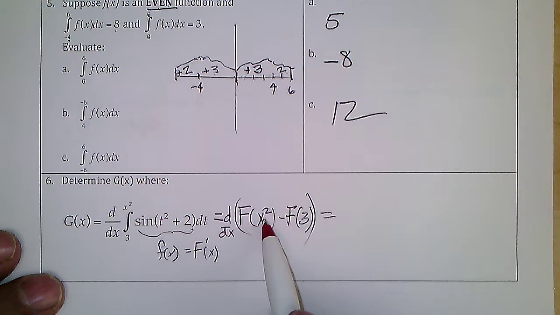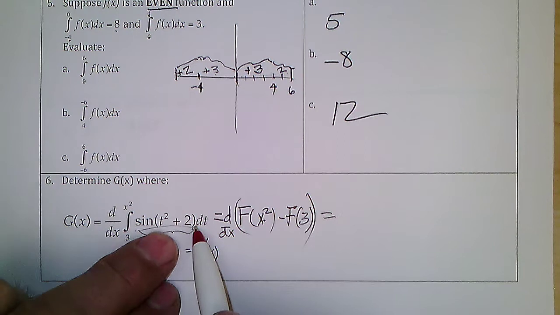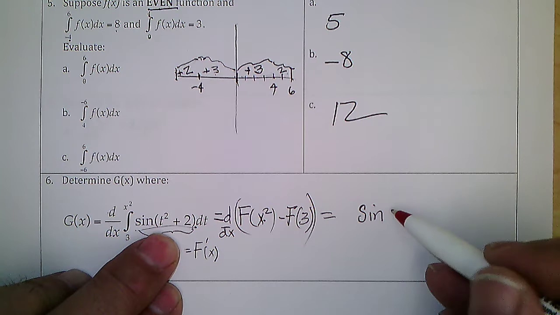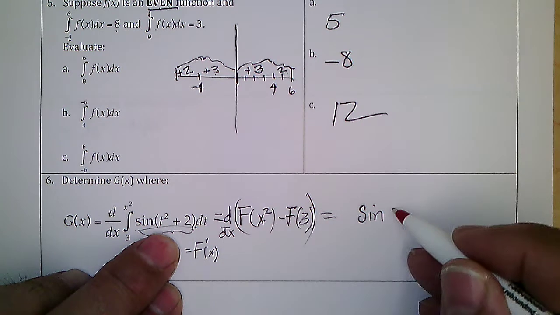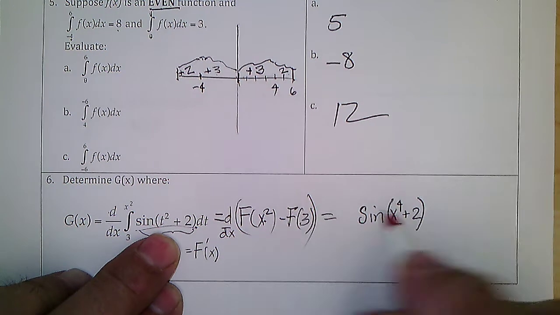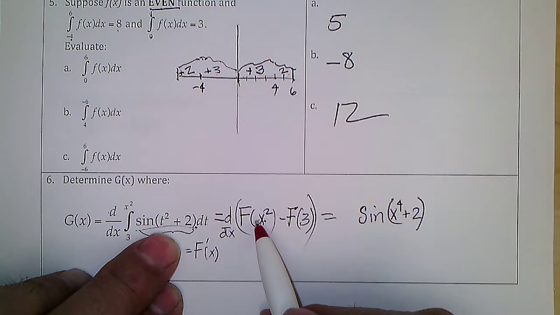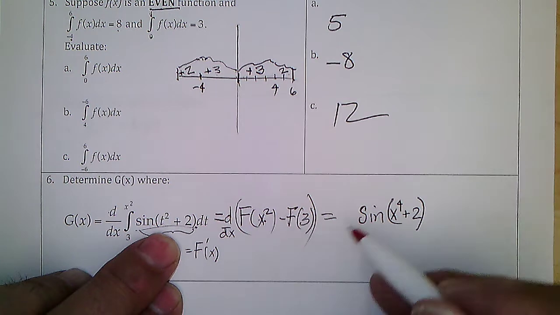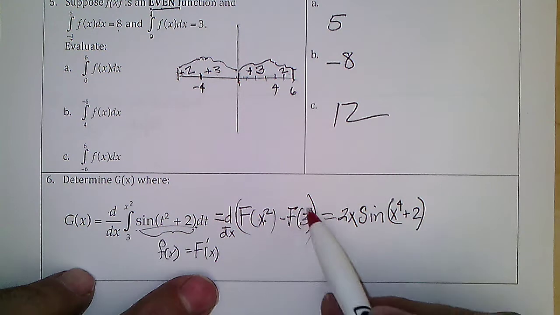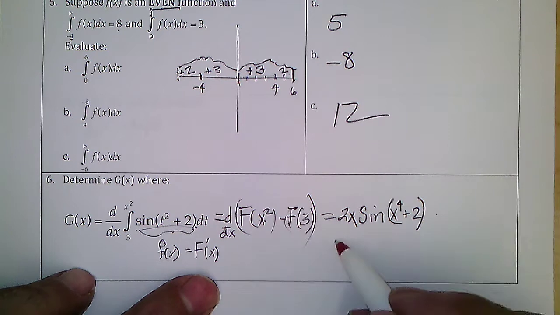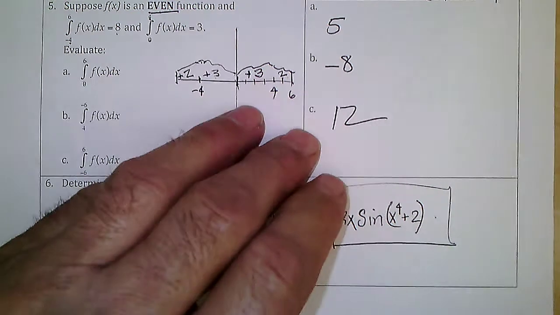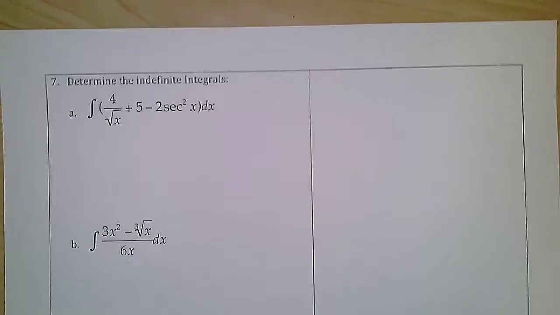And the derivative of F goes back to this. So that's sine of t squared, but I'm putting x squared in for the t, so x to the 4th plus 2. But this has got an x squared inside, so the chain rule says take the derivative of that, which is 2x. And then we're taking the derivative of F of 3, but that's a constant, so that's 0. So there's my answer. Next problem.